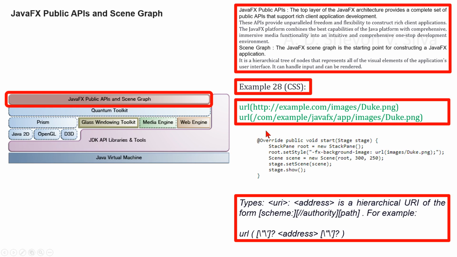Now we are considering URI in types. An address is a hierarchical URI of the form scheme colon, authority, and then path, like here, for example here.